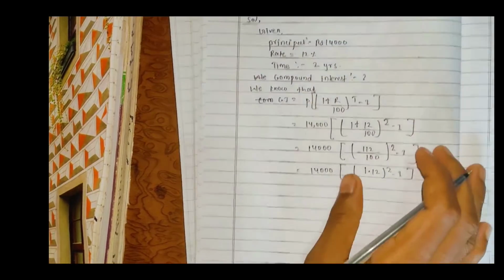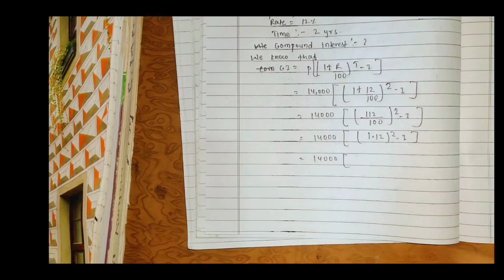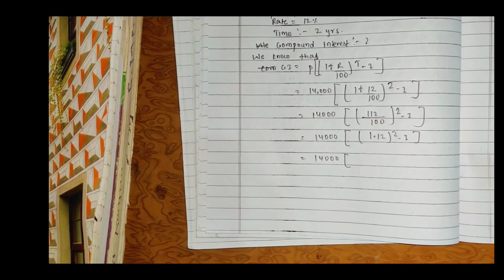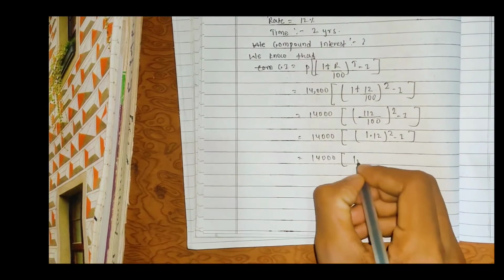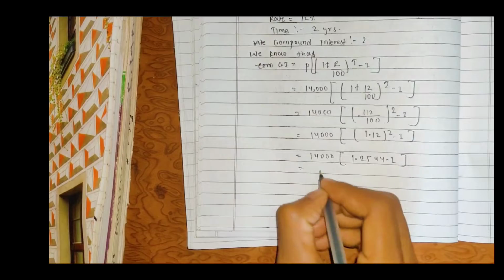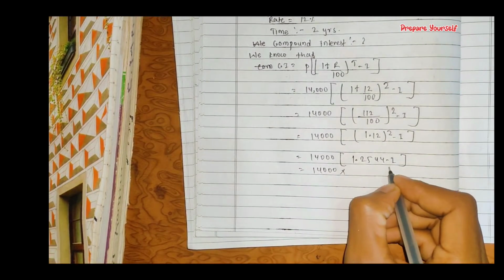First we need to do the square, so 1.12 times 1.12 gives 1.2544, minus 1.